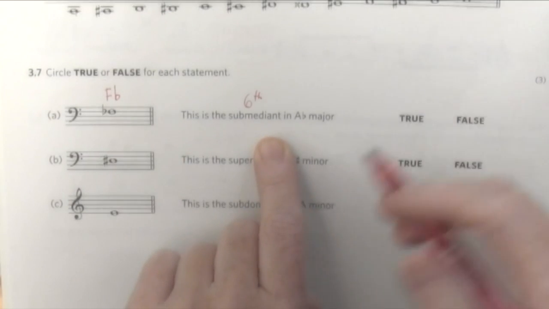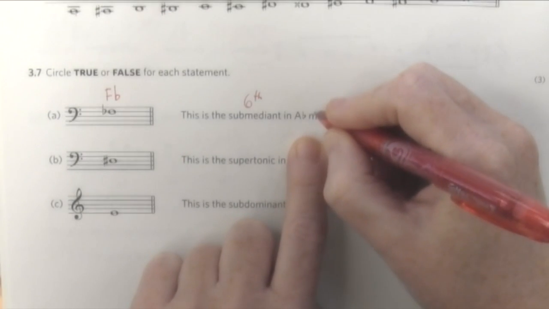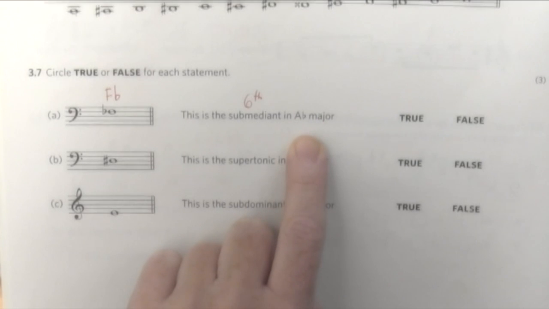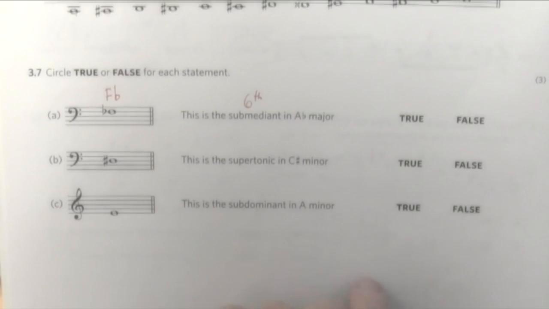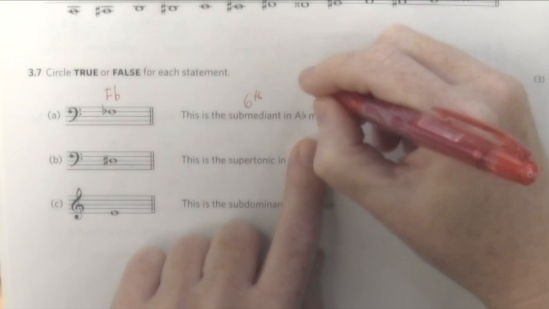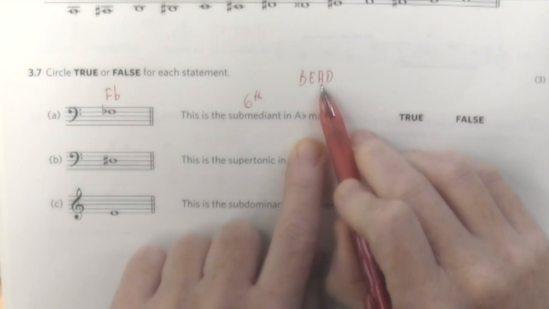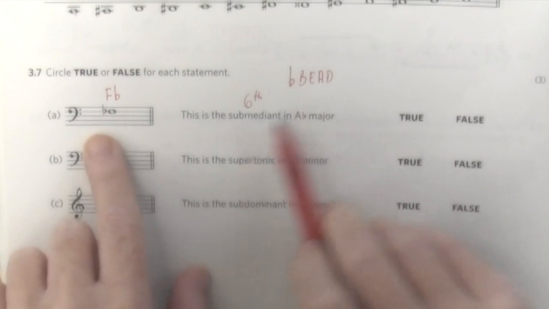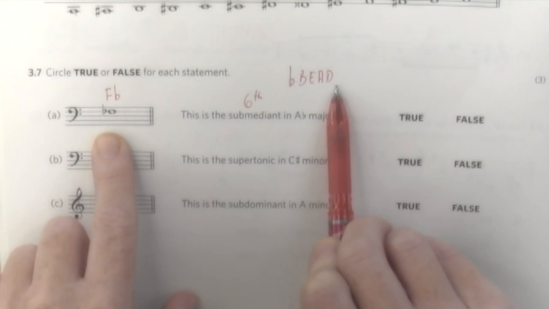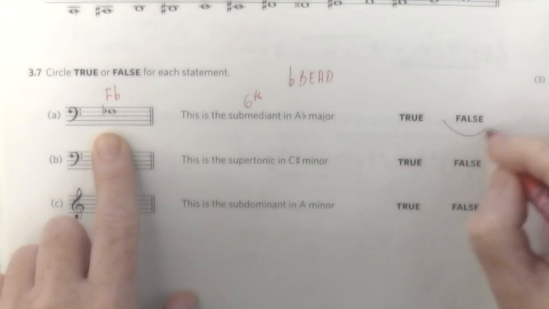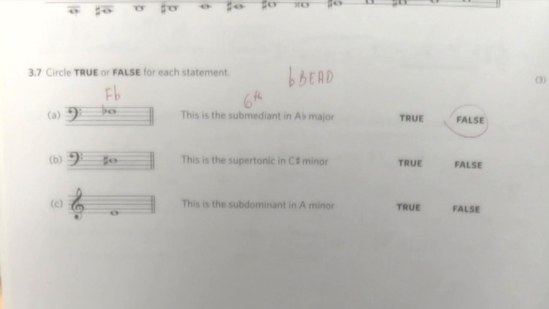I have no idea why it's called like that. Of A flat major. A flat major has 4 flats, and in this case is Si, Mi, La, Re. Okay, this is the penultimate. But Fa is not included in the key signature, so this is false. Fa can't be flat.